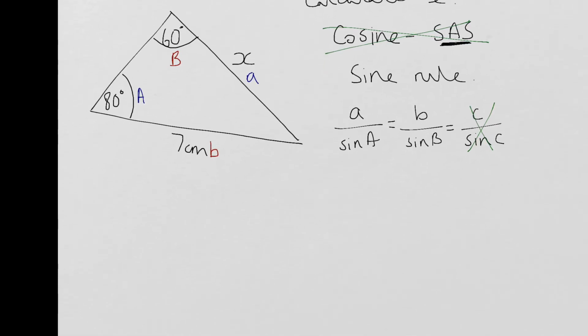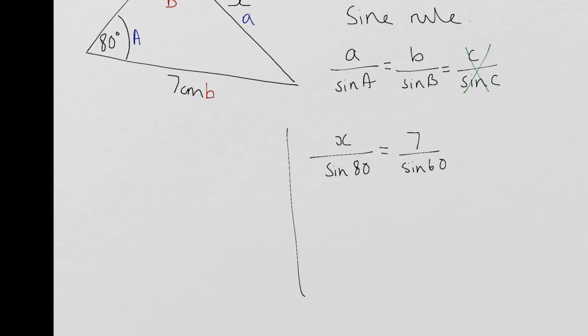So let's go through. If I substitute in the values, so a is x, and then that's going to be over sine of 80. b is 7, and that's going to be over sine of 60. And then I'm just going to rearrange to make x the subject of the formula. So I'm going to multiply both sides by sine of 80. And we'll find that those cancel.